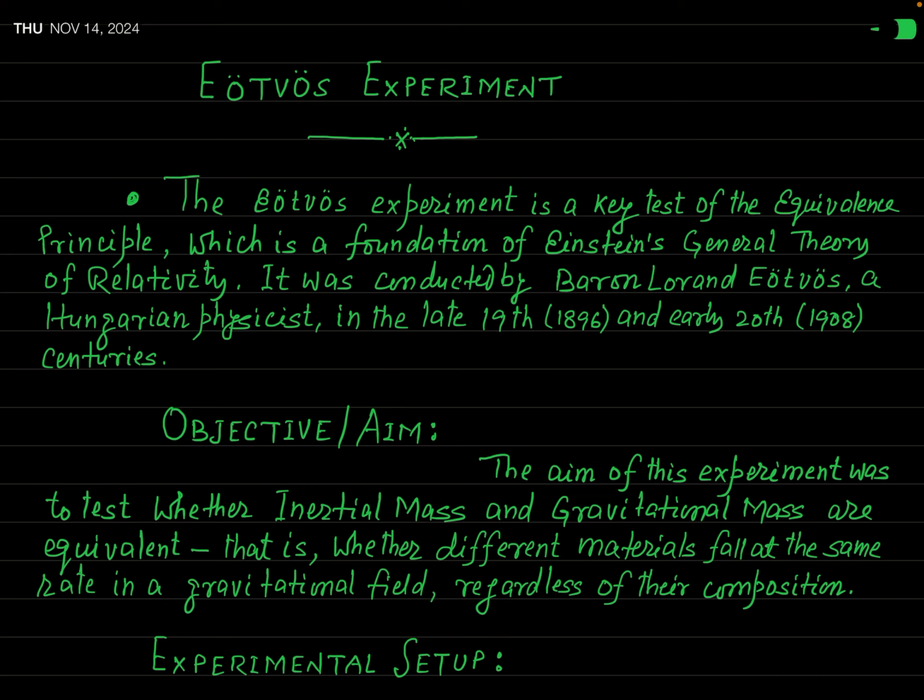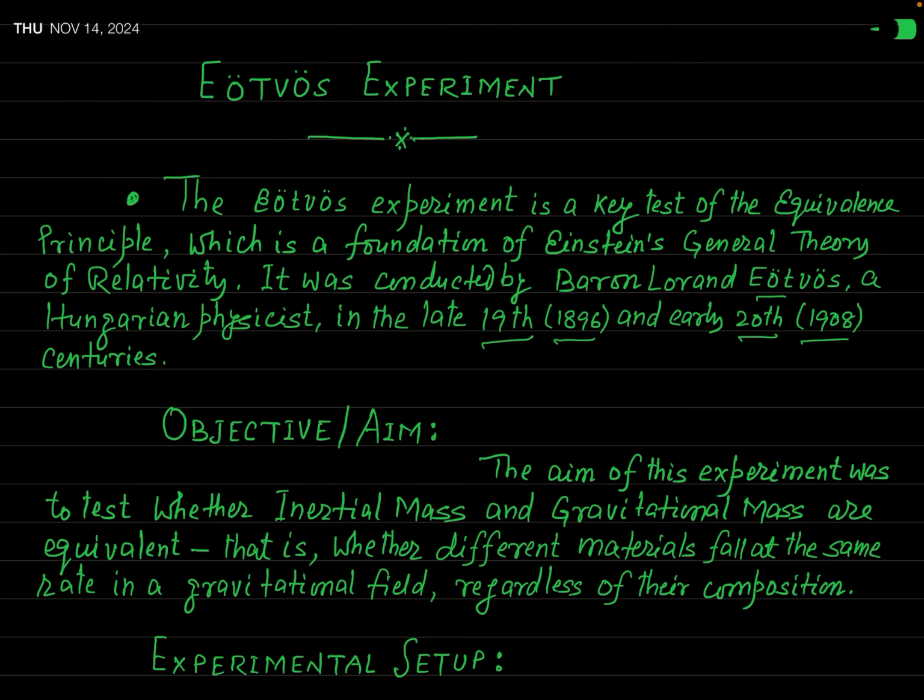A well-known Hungarian physicist named Baron Lorand Eotvos, in the late 19th century, that is 1896, and again in the beginning of the 20th century, that is 1908, actually performed a very ingenious experiment to test the equivalence principle.